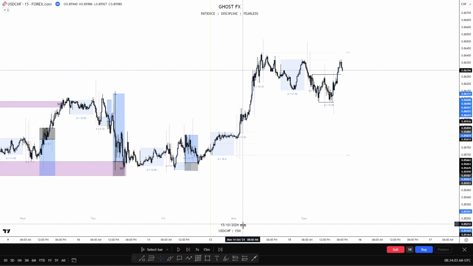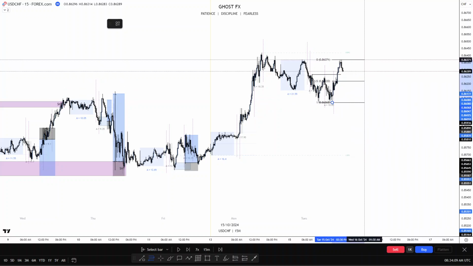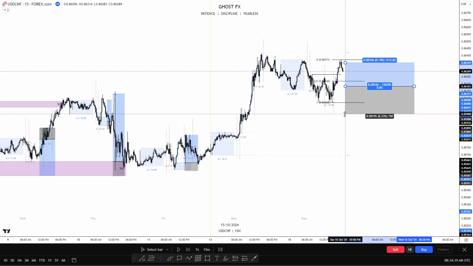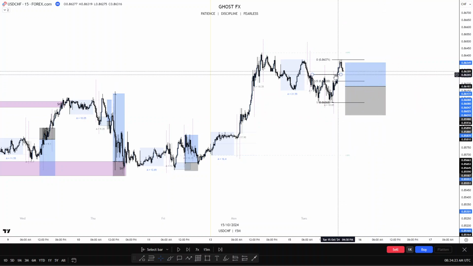Now I have the break of that high. Now look at something. I have these relative equal lows here. I will be mindful to take a trade. So I'll take the trade here, but I'll cover this because I'm trying to be very protective over there because of the equal lows. Now I'll delete my fib.